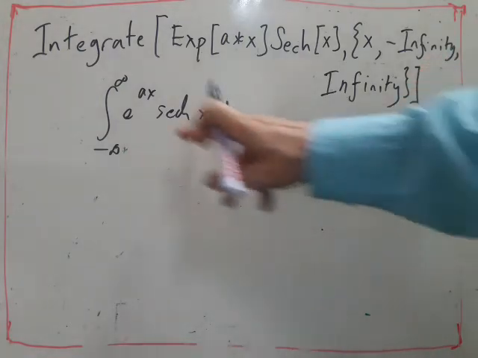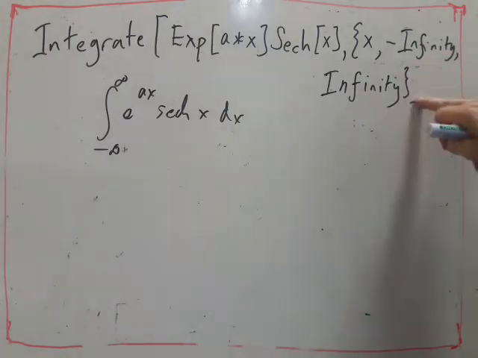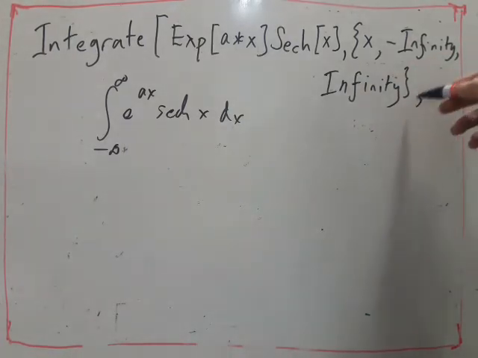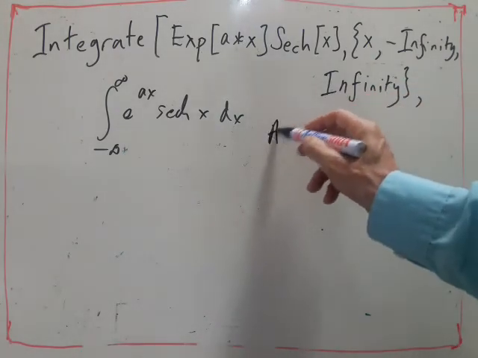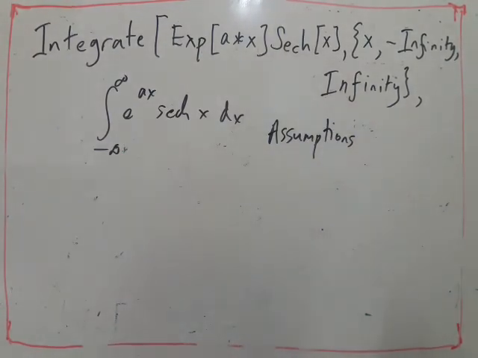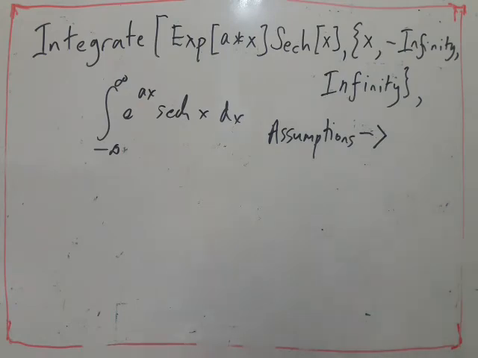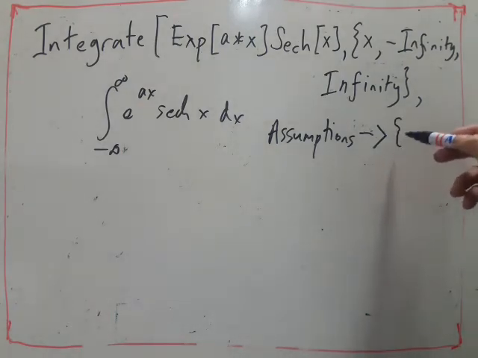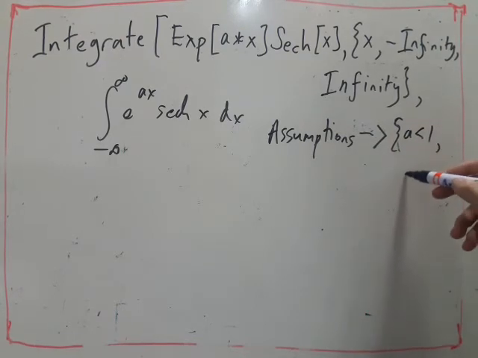So for example, if you wanted to say that A is less than 1, then you can add comma Assumptions, and then a dash followed by a greater than to get an arrow sign, and then you might want to put A is less than 1, comma A is greater than minus 1.